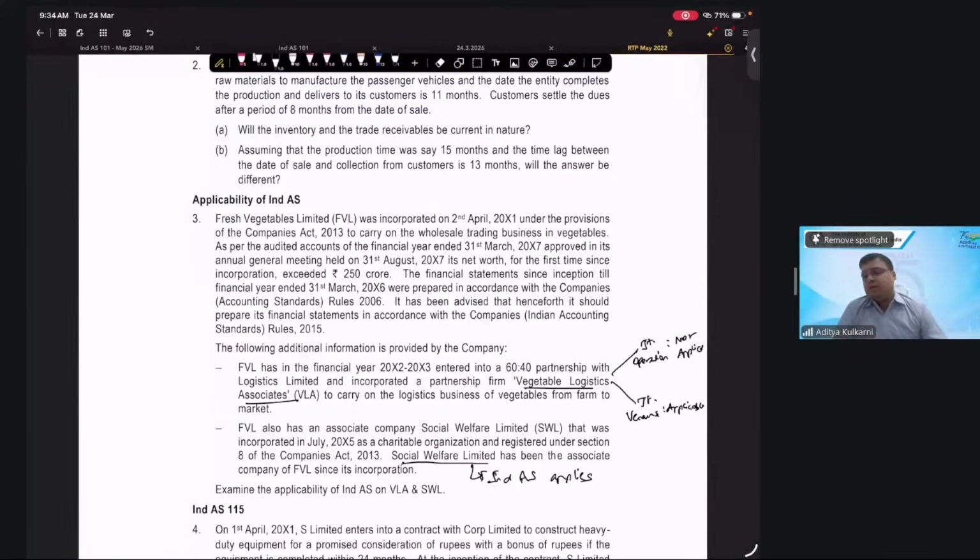In a joint operation, you typically do not create a separate legal entity. You just come together, join hands, carry out the operation, and move out after taking your share of profits. Examples, you have your recently concluded T20 World Cup, right? T20 World Cup was jointly hosted by India and Sri Lanka.